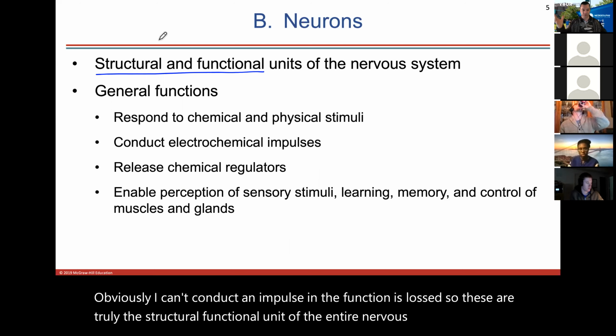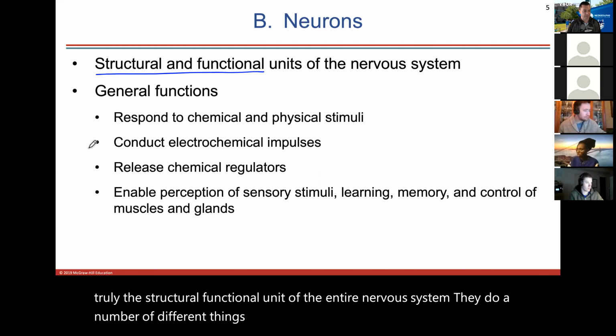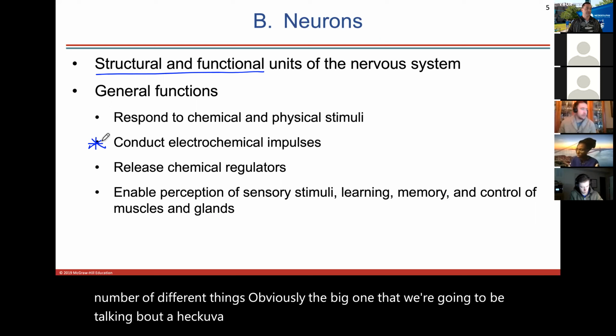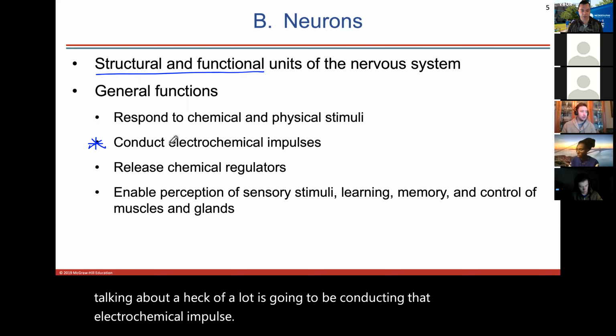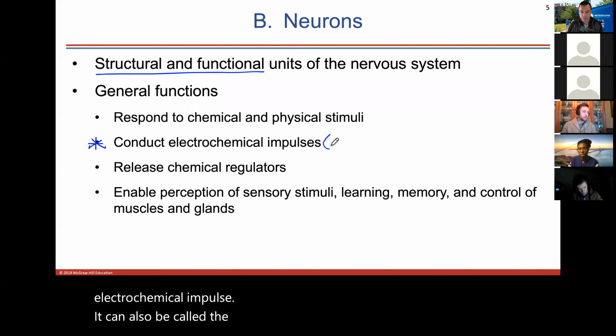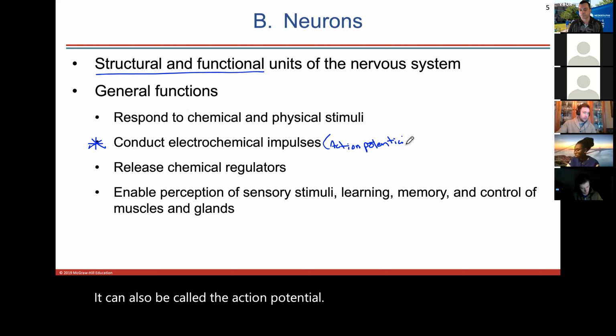They do a number of different things. Obviously, the big one that we're going to be talking about a heck of a lot is conducting that electrochemical impulse. It can also be called the action potential, or the nerve impulse.